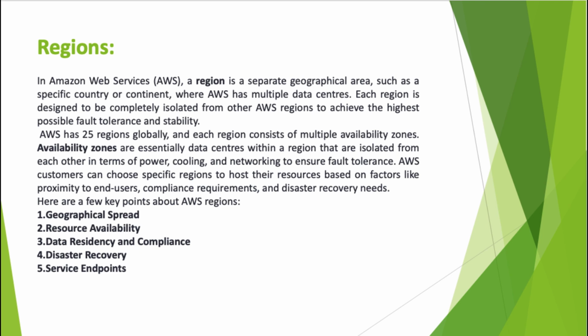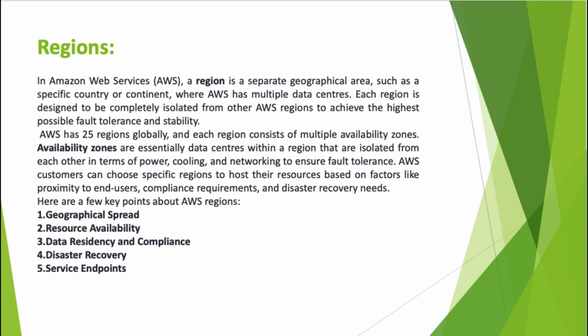Geographical spread. AWS regions are spread across the Americas, Europe, Asia Pacific, the Middle East, and Africa. Each region is further divided into multiple availability zones. Resource availability. The availability of AWS services and features may vary between regions.